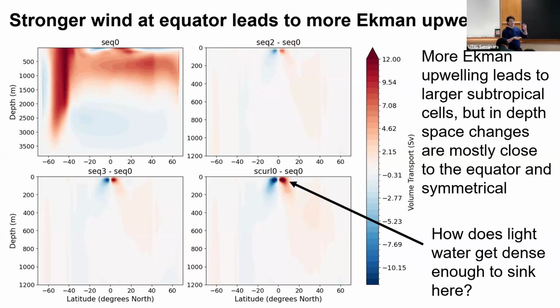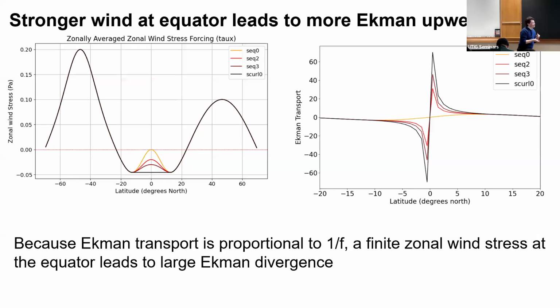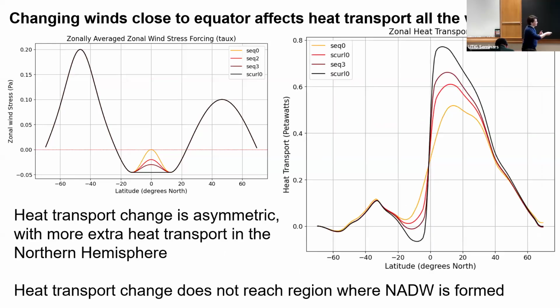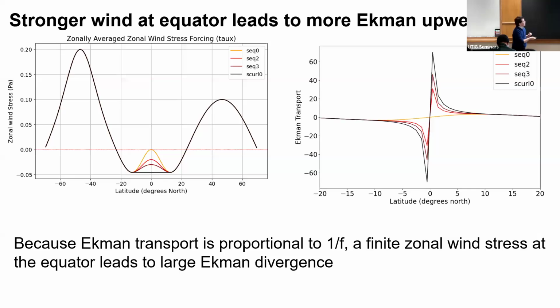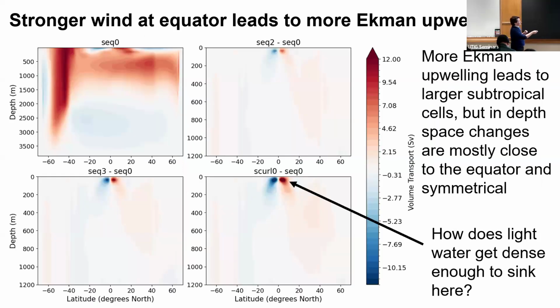And already I'm thinking, this is weird because I just showed you this figure, which shows that when I change the winds, the heat flux, even at 30 degrees north, is really different between the different cases. But now I'm showing you that the circulation actually really isn't very different between the cases. The circulation change is really just where the wind is changed.